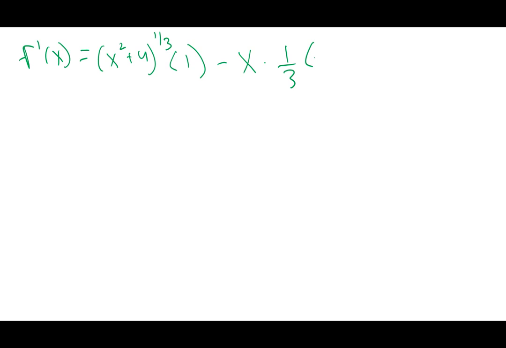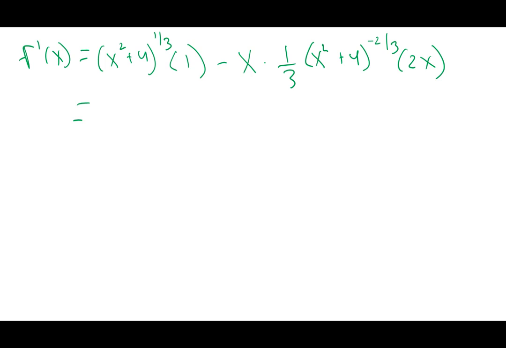So here on the next slide, f prime of x would be equal to, you're going to start with the denominator, which is x squared plus 4 to the 1/3, times the derivative of the numerator, which is just 1, minus the numerator, which is x, times the derivative of the denominator, which is the whole thing, 1/3, times x squared plus 4 to the negative 2/3 times 2x. Don't forget that chain rule.